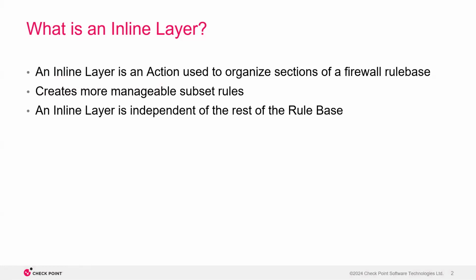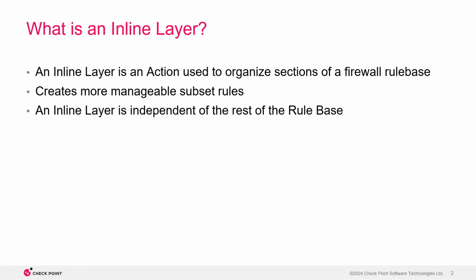Creating an inline layer creates a more manageable subset of rules, right? So we're able to take the inline layer and say, hey, if the traffic meets this condition, whatever condition it may be, go to this subset of rules. But if it does not meet this condition, skip the whole subset. An inline layer is independent of the rest of the rule base.